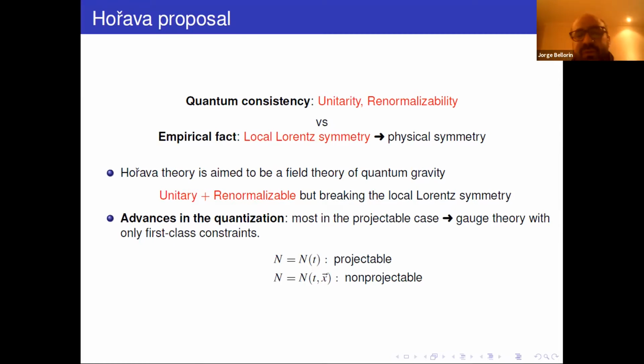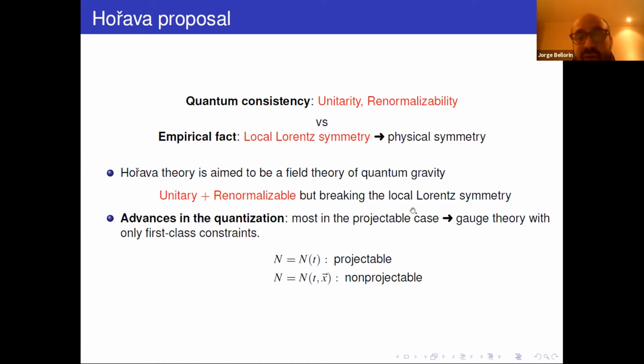Perhaps the most important of them is to prove the renormalizability of the non-projectable case, because the projectable case has already been proved to be renormalizable. The essential difference between these two cases is that the non-projectable case has a second-class constraint.